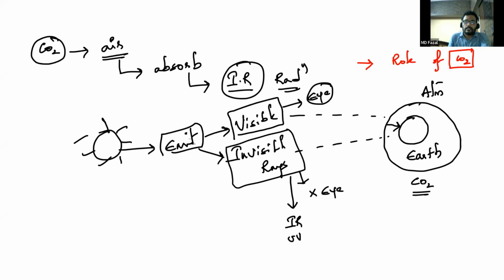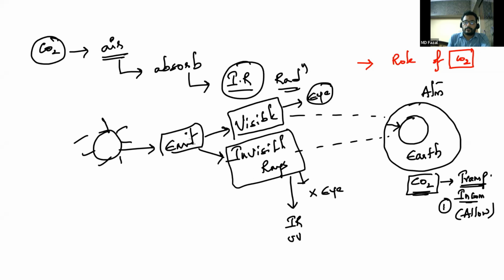That means carbon dioxide, which is present in the atmosphere, is very much transparent to incoming rays. It will allow the incoming rays to pass through.